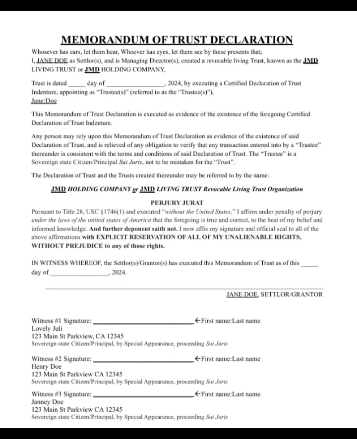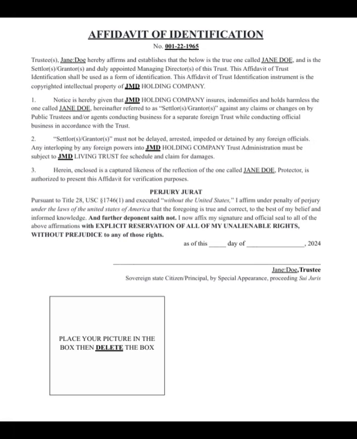Memorandum of Trust Declaration. Whoever has ears, this is strange, right? Whoever has ears, let them hear. Whoever has eyes, let them see. By these presents that I, Jane Doe, as a managing director, created a revocable living trust known as JMD Living Trust and JMD Holding Company. Trust is dated XYZ 2024.